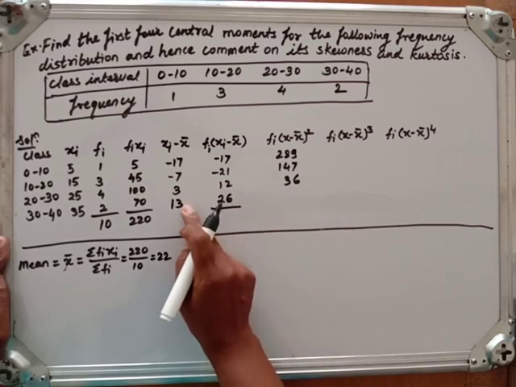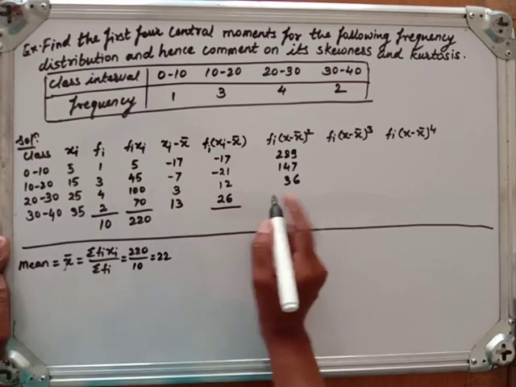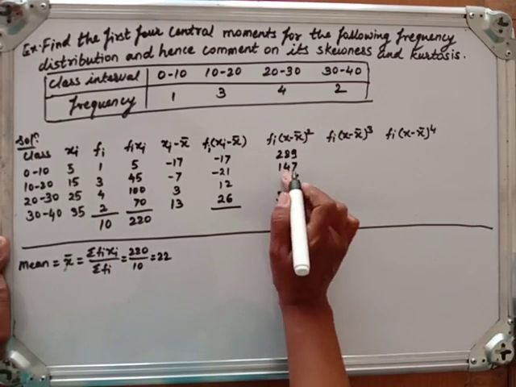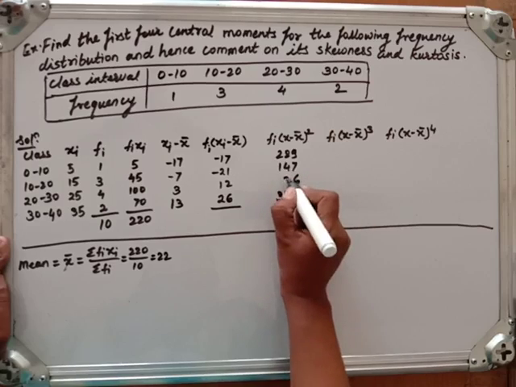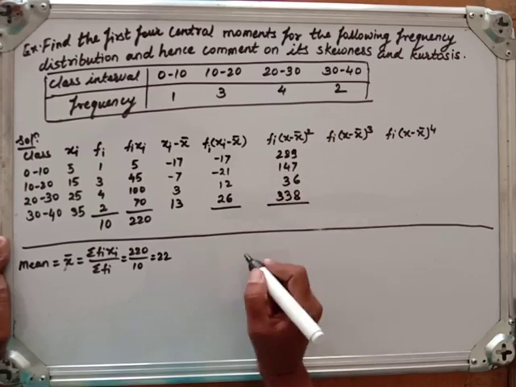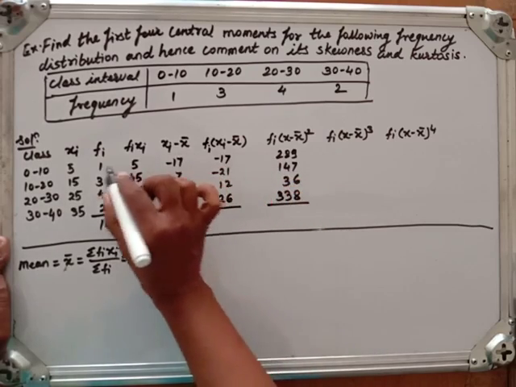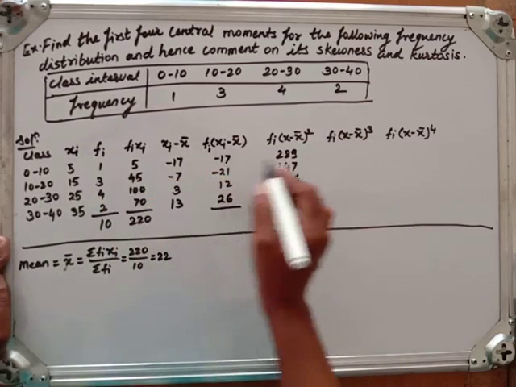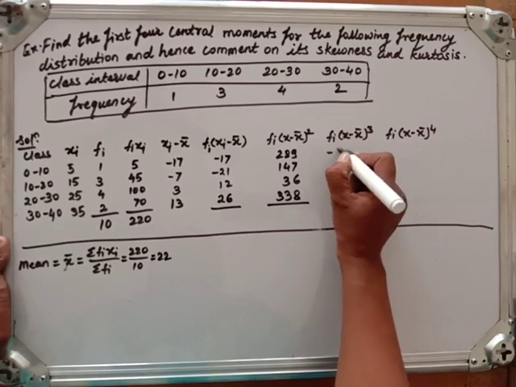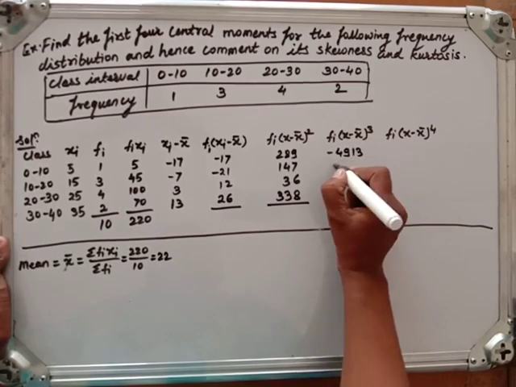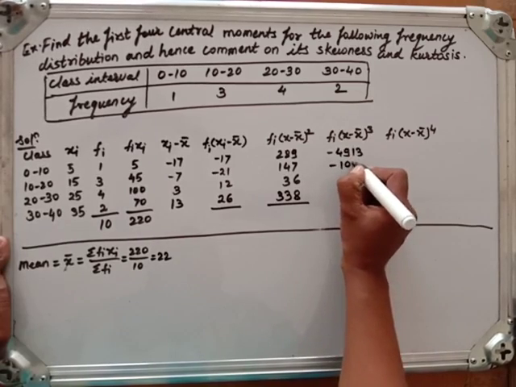And 169 into 2 will be 338. Here also we need the total. Next one, the cube of this into fi. You can do that on a calculator also. Here I got 4913, next one minus 1029.